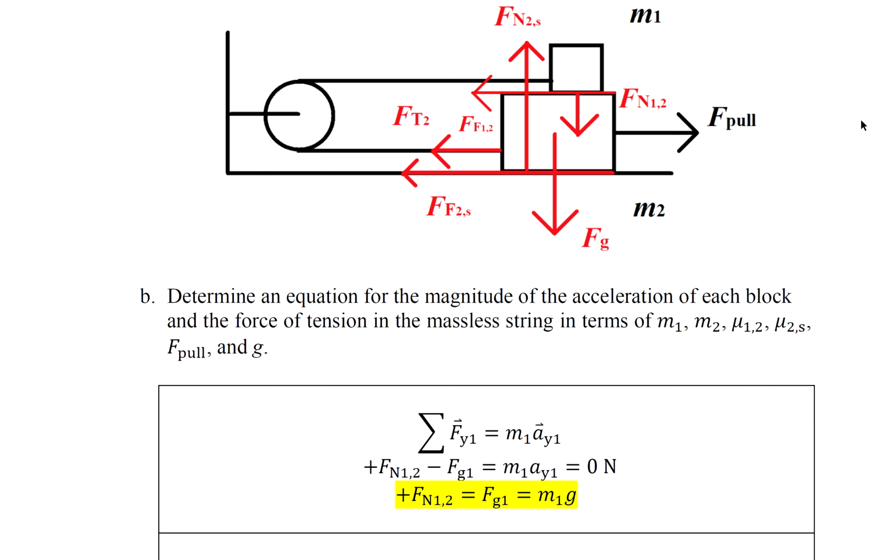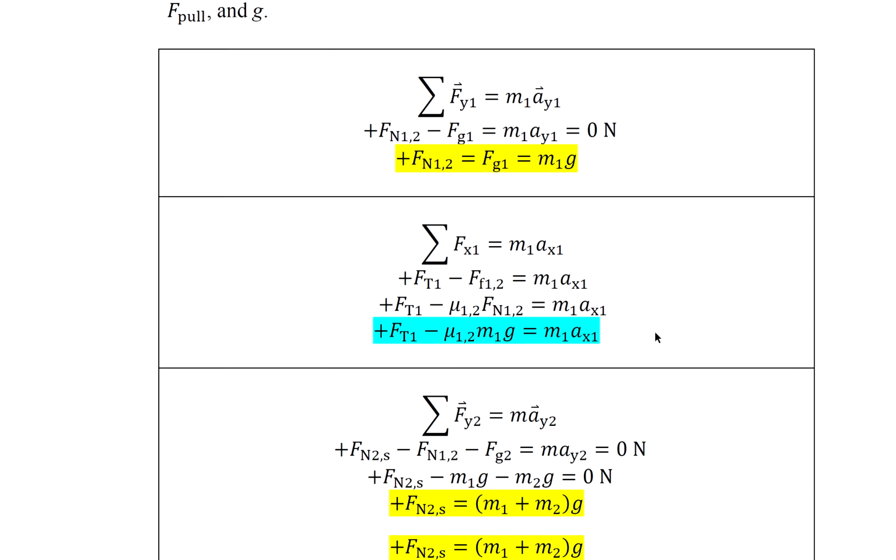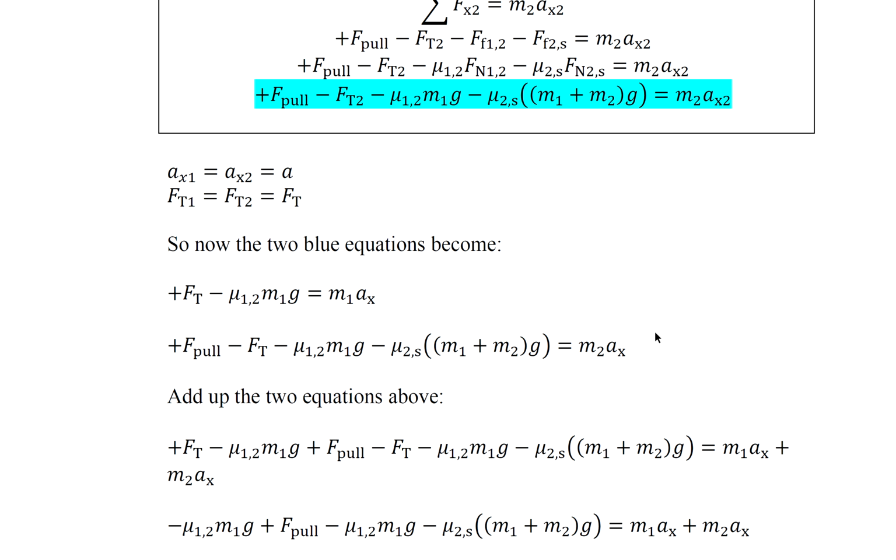So I'm going to let positive x be when m2 goes to the right and m1 goes to the left. Negative x is when m1 goes to the right and m2 goes to the left. So a sub x1 equals a sub x2 equals a, force of t1 equals force of t2 equals force of t.